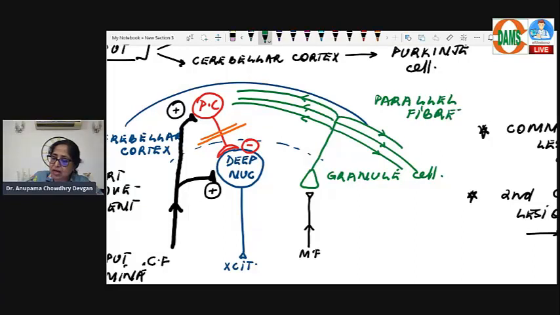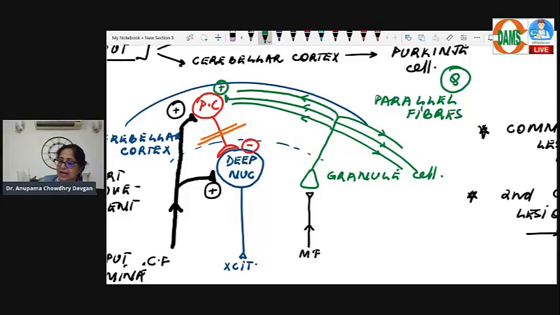NEET question 2018. Parallel fibers are formed by fibers of which cell? Parallel fibers are fibers of the granule cell. Granule cell is excitatory. All other cells of the cerebellum are inhibitory.